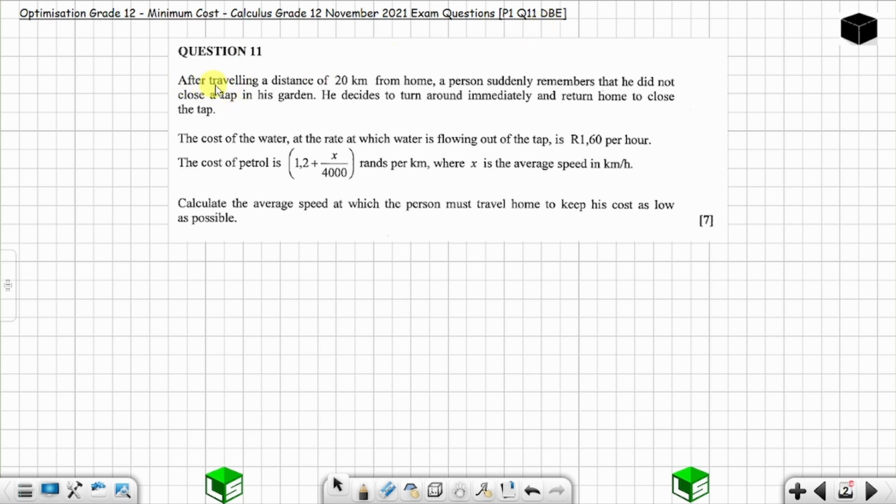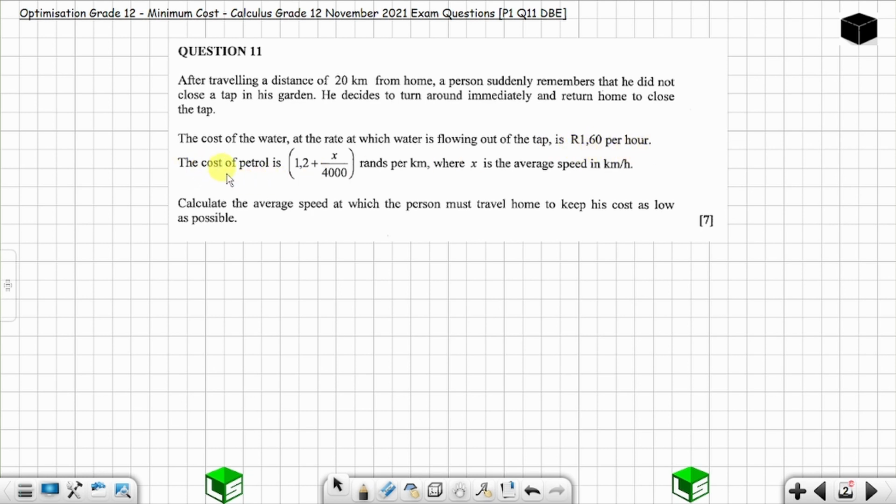After traveling a distance of 20 kilometers from home, a person suddenly remembers that he did not close a tap in his garden. He decides to turn around immediately and return home to close the tap. The cost of the water at the rate at which water is flowing out of the tap is R1.60 per hour.